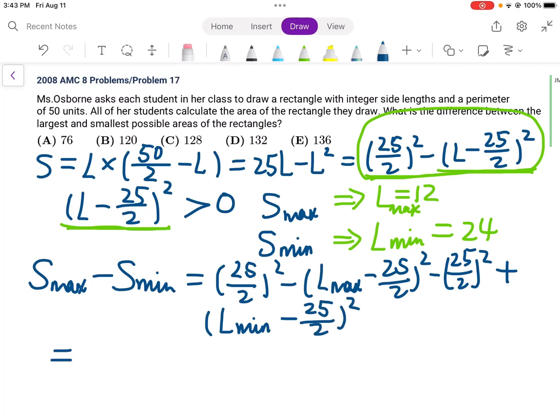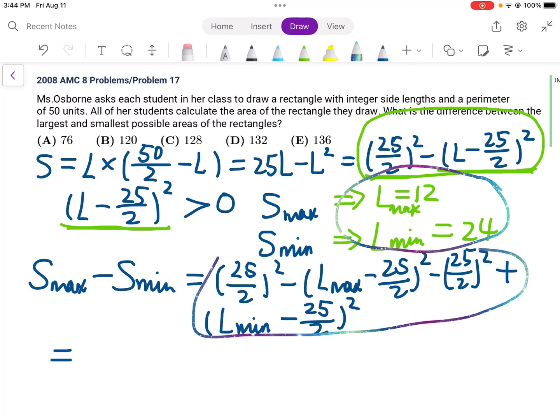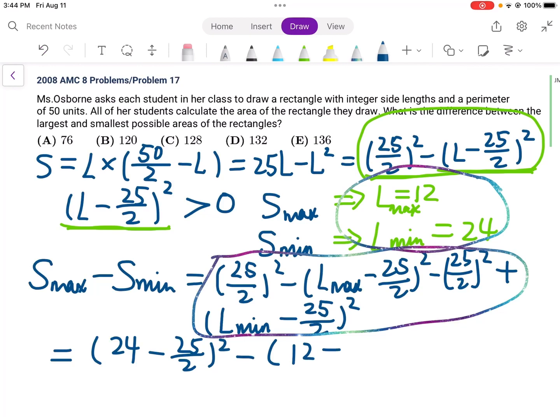Now we can substitute L min and L max into this formula here. This is L minimum minus 25 over 2, which is 24, minus 25 over 2 squared, subtract L max, subtract 25 over 2, which is 12, subtract 25 over 2 squared.